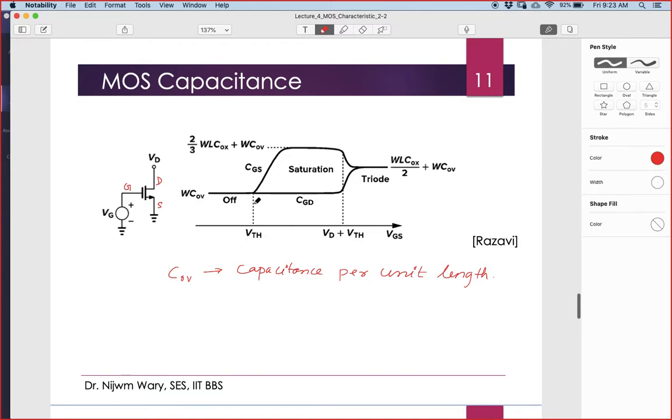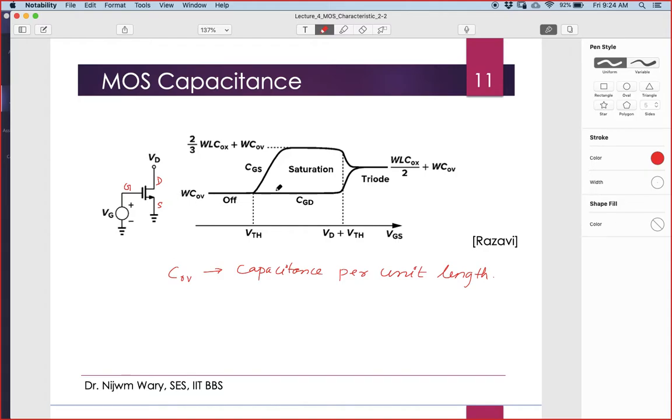Now as we increase the VGS, the transistor goes from cutoff to the saturation region, considering that VG is not high, less than this VD, so it first starts with the saturation region.